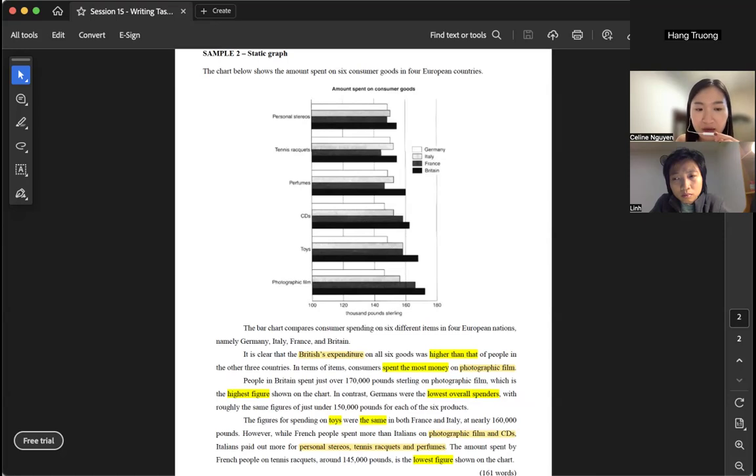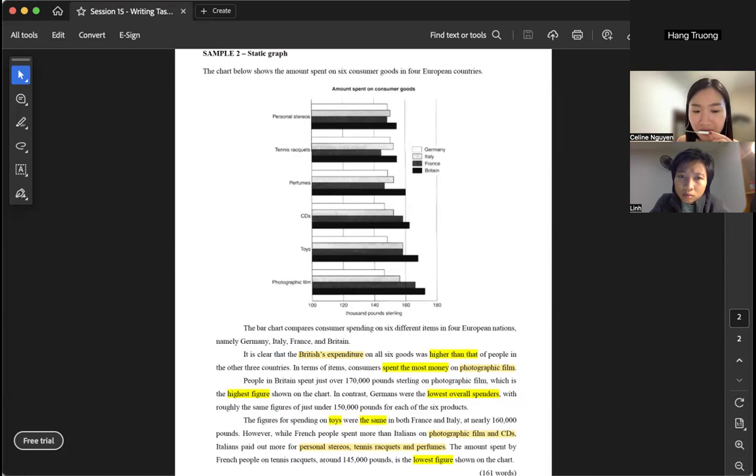And I think in body one and body two, the writer divides into two parts for each couple of countries. They compare Britain and Germany in terms of the highest expenditure on photographic film in Britain and the other expenditure in Germany.